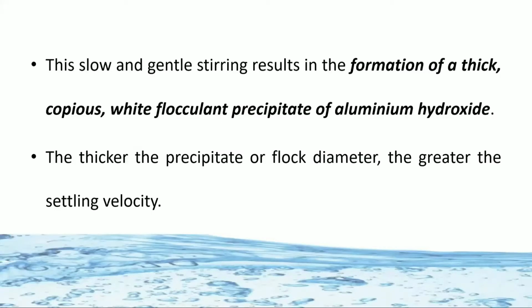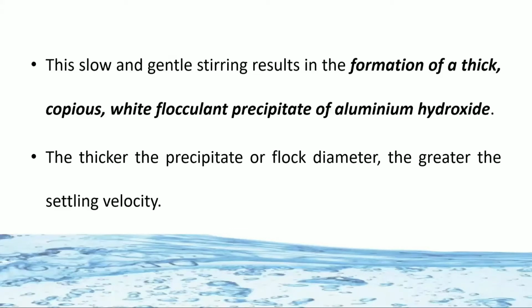This slow and gentle stirring results in the formation of thick, copious, white flocculent precipitate of aluminum hydroxide. As we added alum, that alum plus the turbidity or some impurities of water get mixed and form the thick floc.